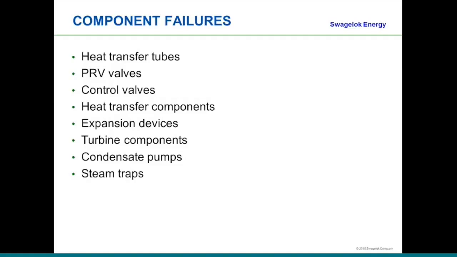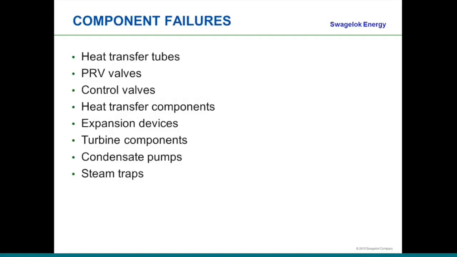Heat transfer components: what type of service? Plate and frames are used in certain types of services, and in certain types of services they should not be used. Like a steam coil, should I use copper tube or steel tube? For steam, you should use steel tube. Expansion devices: having the device in the correct location, taking axial movement only, will prolong the life.